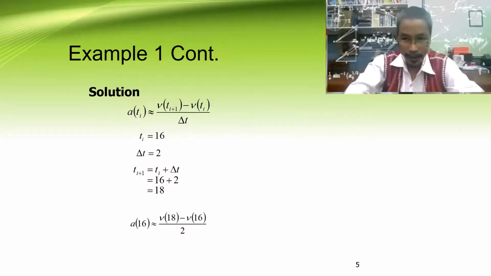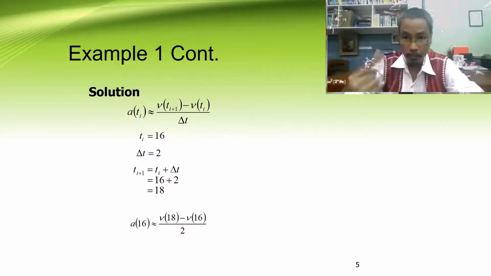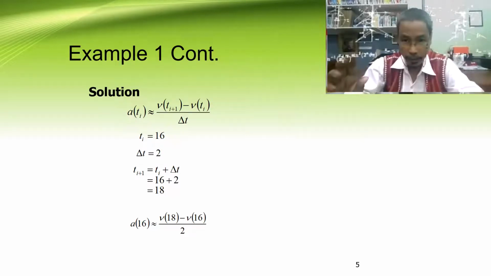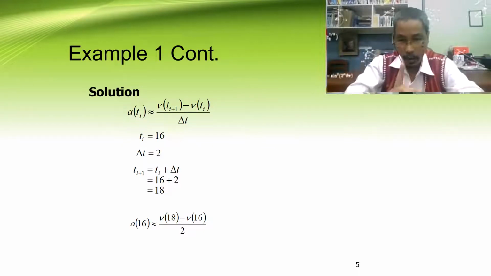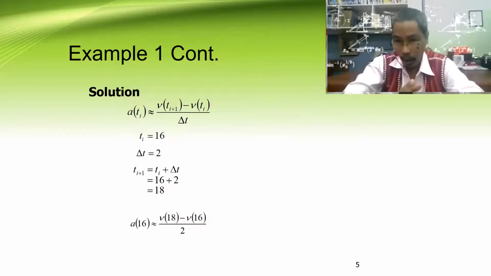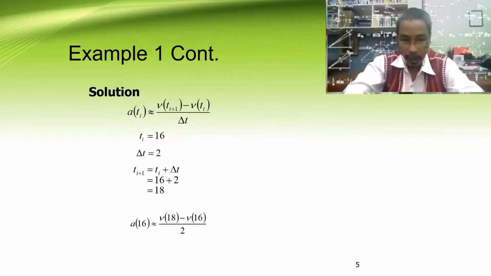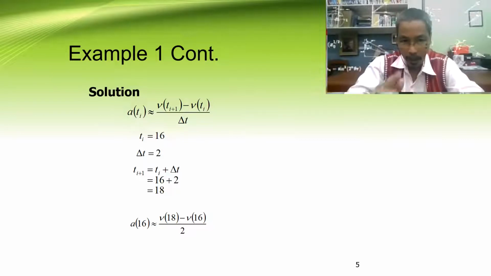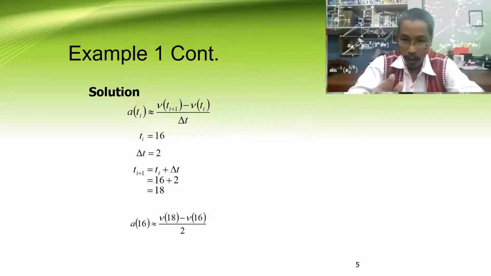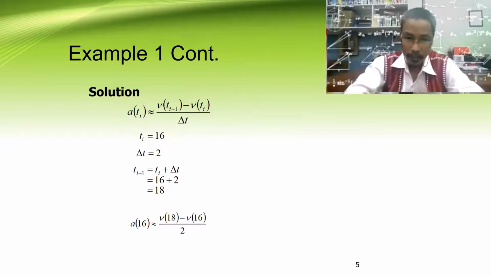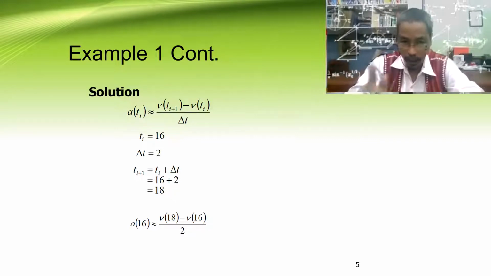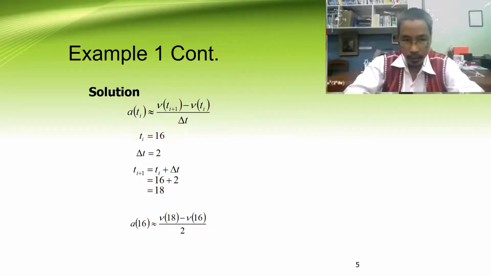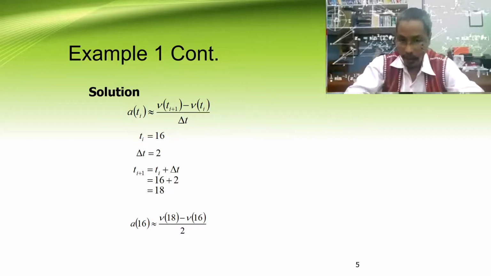Are we clear? That is another way of naming the same values. Take note, don't be misled, because our independent variable is time. We have t i plus 1, which is equivalent to t plus delta t, minus the velocity function at t i, and divide by the finite value delta t.